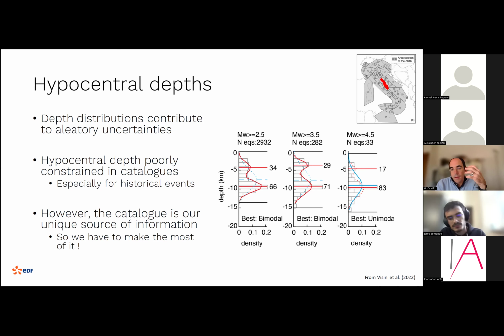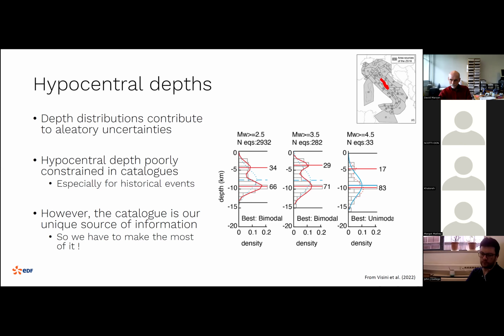So if we state the problem this way, maybe it can help understanding that this is actually an aleatory uncertainty. Again, I will come back to this difference between aleatory and epistemic uncertainties later, but this is considered slightly differently in the calculation.